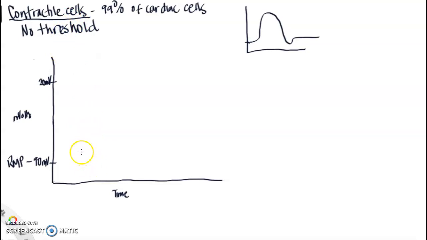So in a contractile cell, the resting membrane potential is negative 90. And it's just doing its thing, just sitting around. And when the action potential enters, because keep in mind that contractile cells have gap junctions, they're going to pass along this action potential to each of these contractile cells.